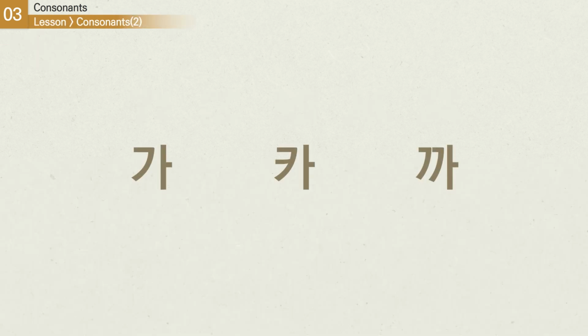Can you identify the difference between ka, and ka? Look at each of these three characters. To the left is ka, in the middle is ka, and ga is on the right. Ka does not require much aspiration, while ka requires that you push out a lot of air.